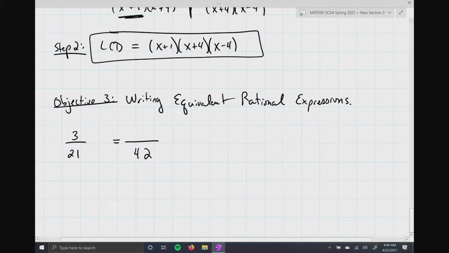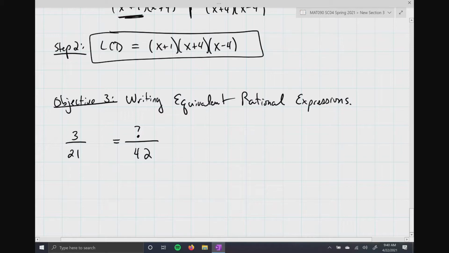So notice here, I gave myself a little bit of space. I wrote 3 over 21, and I wanted to equal something over 42. In other words, I want to build 2 equivalent fractions here.